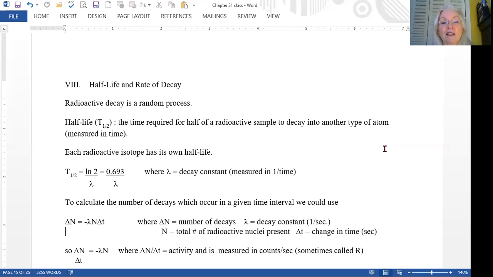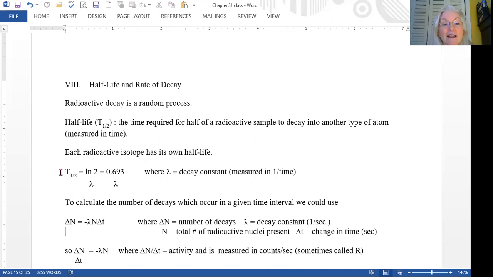Every radioactive isotope has its own half-life, and there is an equation that you will need to know that relates half-life to something called the decay constant. The half-life, abbreviated capital T with a subscript 1/2, is equal to the natural log of 2 divided by lambda.